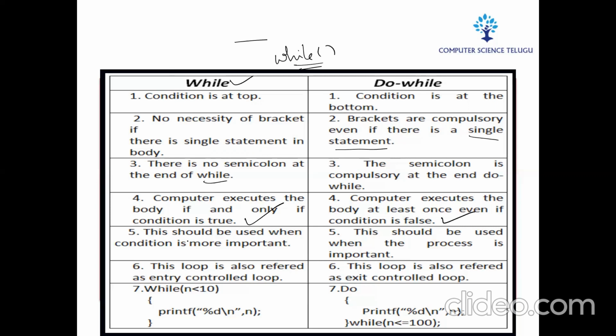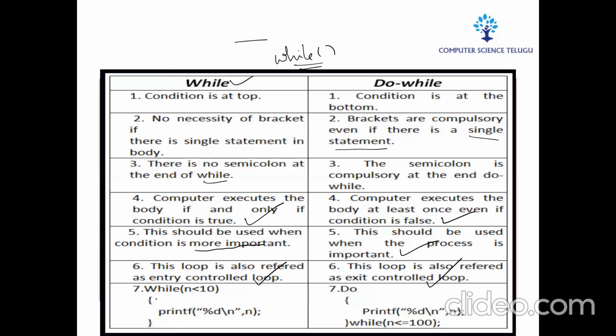Next, the while loop should be used when the condition is more important, and do while should be used when the process is more important. Next, the while loop is referred to as an entry controlled loop, and do while as an exit controlled loop. Remember, while is called an entry controlled loop and do while is called an exit controlled loop.